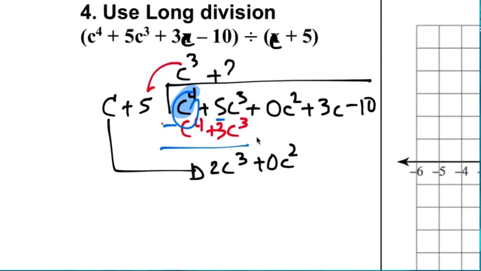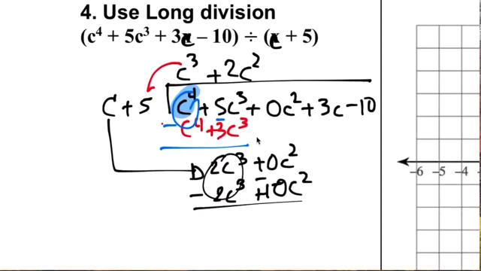You get 2c squared. 10c squared. Subtract 0, get negative 10c squared. Bring down the plus 3c.